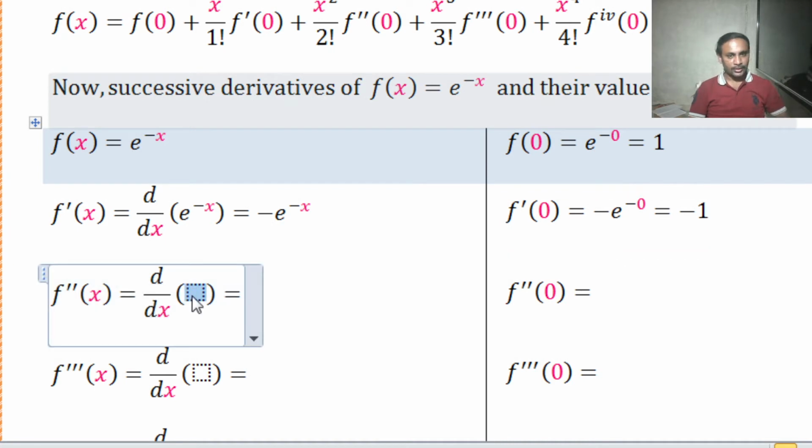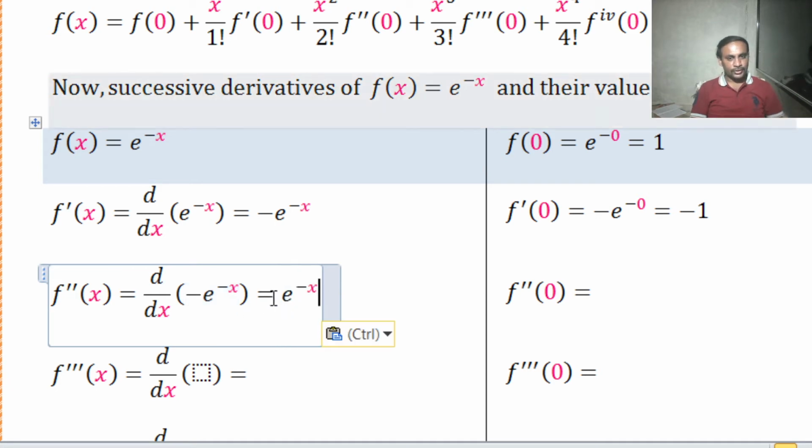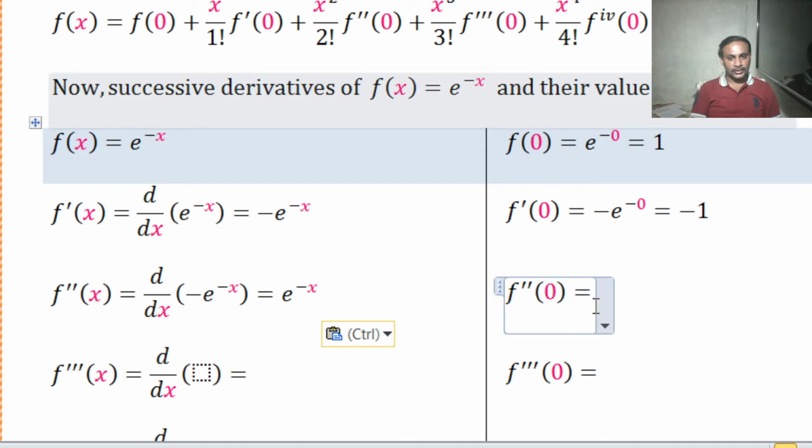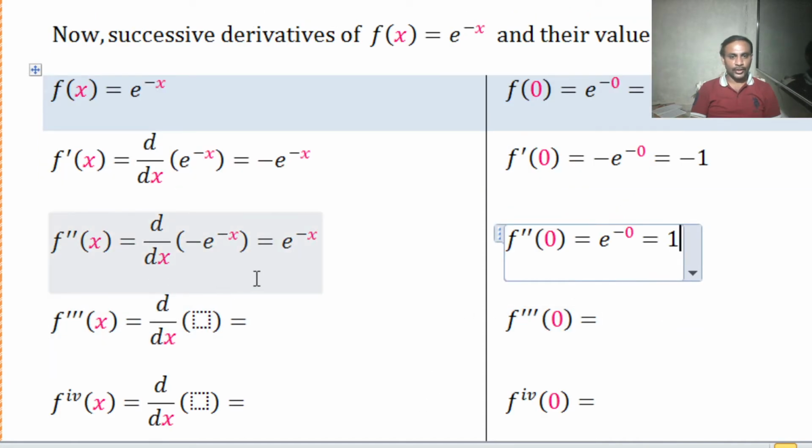Again, differentiating f dash x with respect to x, where f dash of x is minus of e raised to minus x, its derivative is plus of e raised to minus x, and in this derivative if we put x equal to 0, then after simplification we get e raised to minus 0, which is 1.